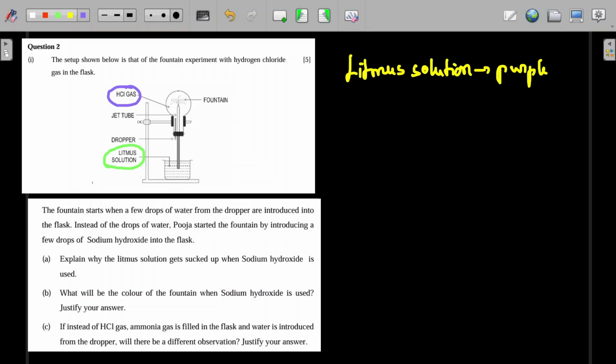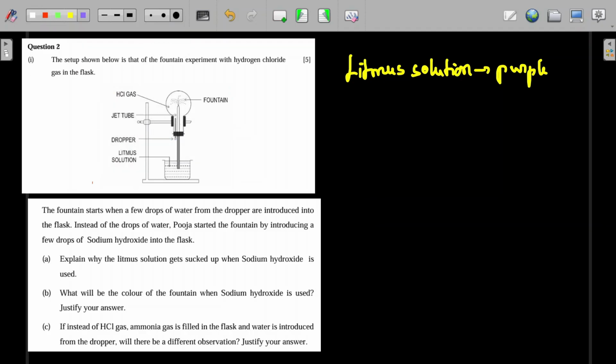Therefore, we are telling here high solubility. So what happens when HCl starts dissolving? The pressure inside this flask will decrease. Outside pressure will be more. So outside pressure will force this solution to enter into this jet tube, and then you will observe a red fountain here. Okay, that is the procedure actually.